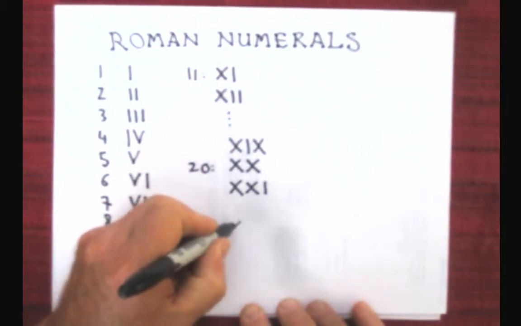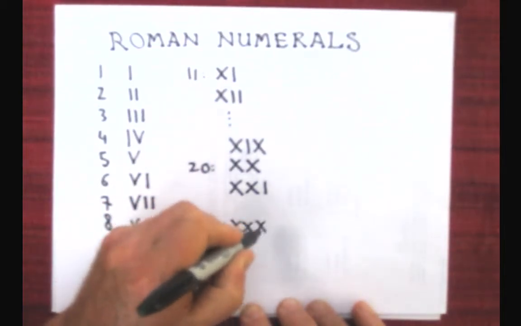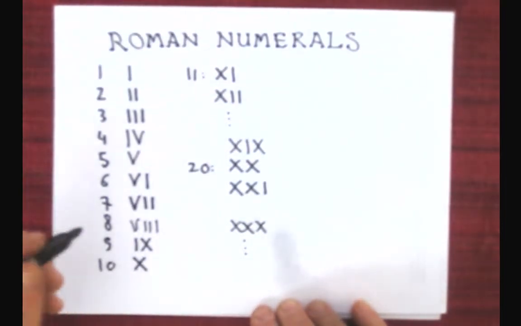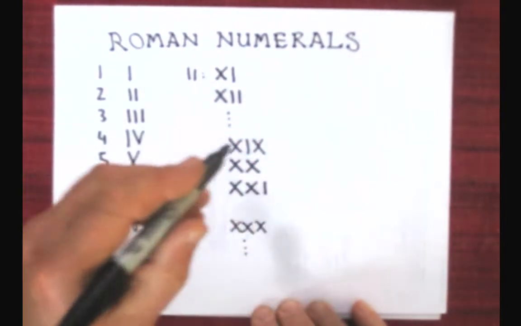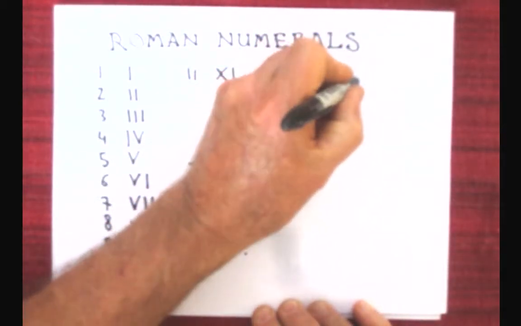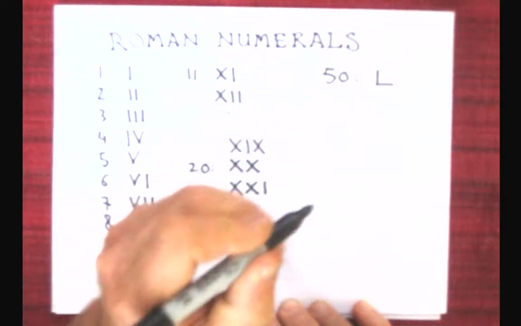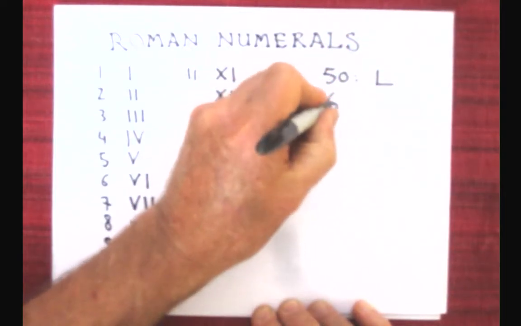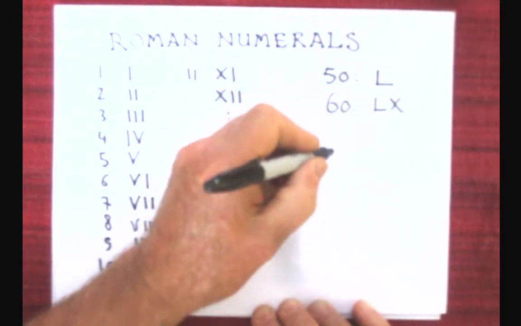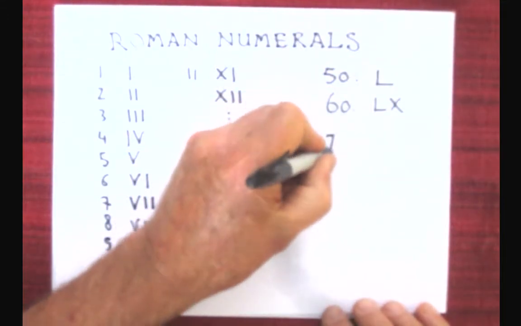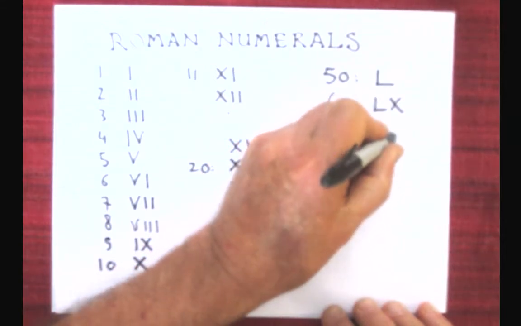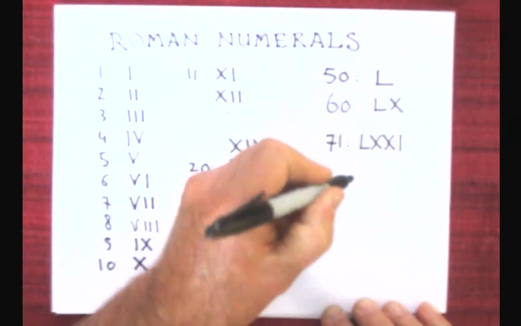30, on and on. Then when you get to 50, you can write X five times, but that gets complicated. So 50 is a new letter, L, new symbol. 60, 50 plus 10, 71, 50 plus 10 is 60, plus 10 is 70, plus 1.